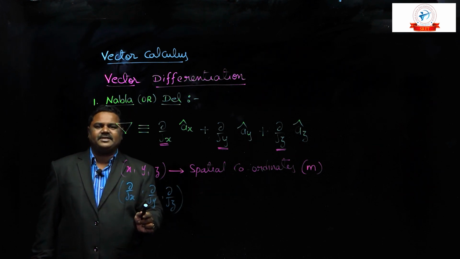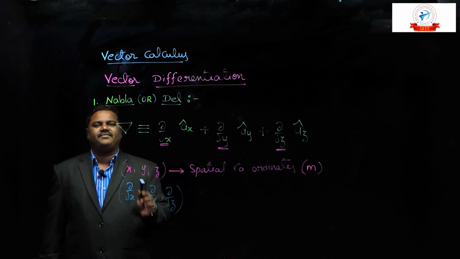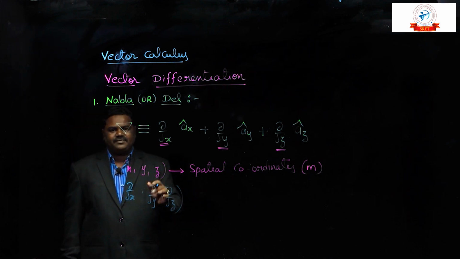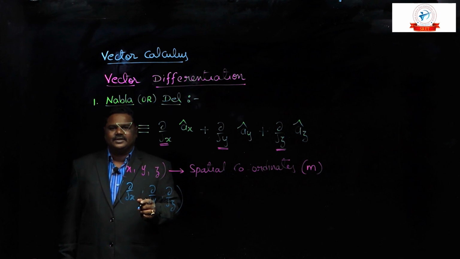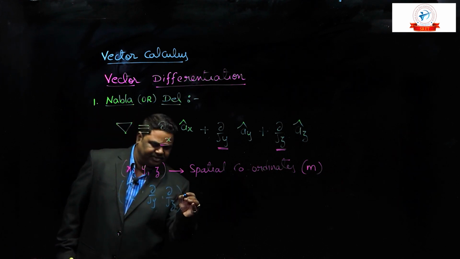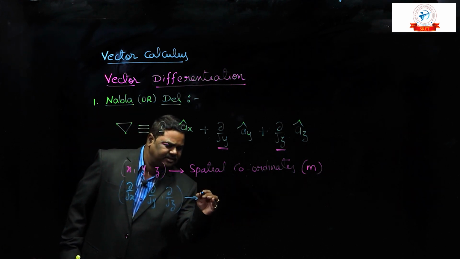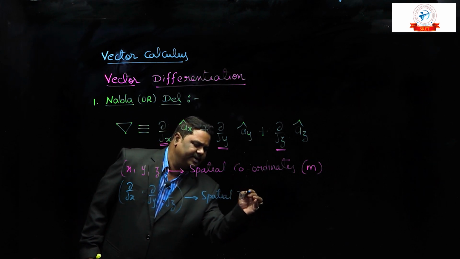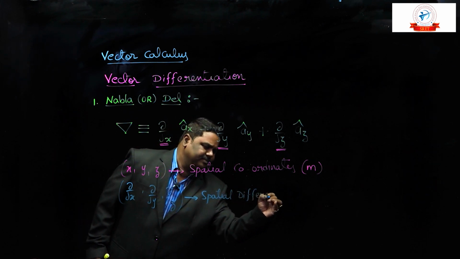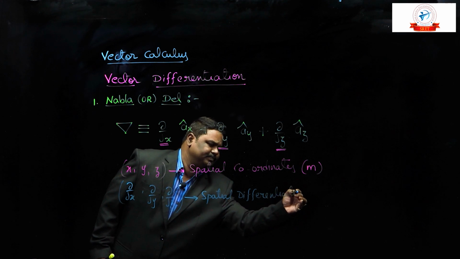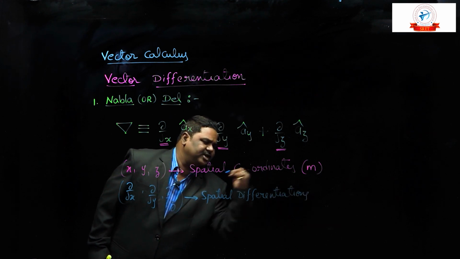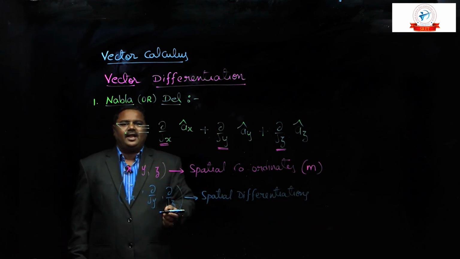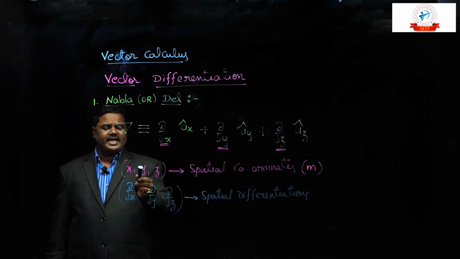That is why these differentiations are called spatial differentiation. They are differentiation with respect to spatial coordinates. So, these terms are called spatial differentiations.